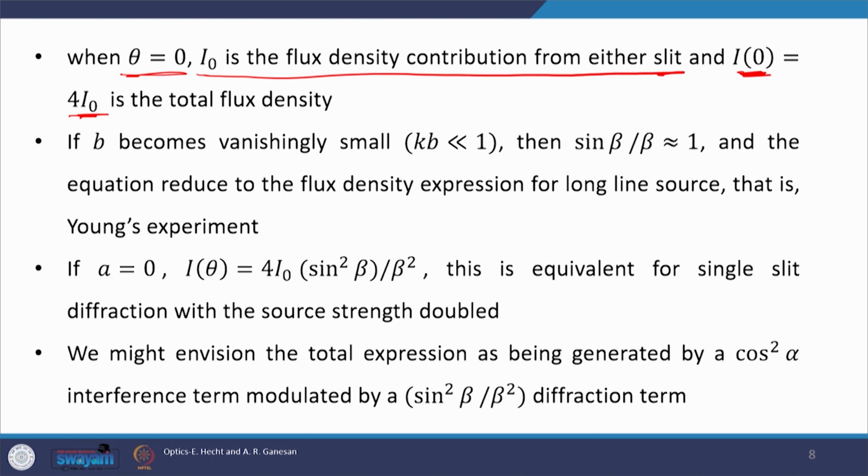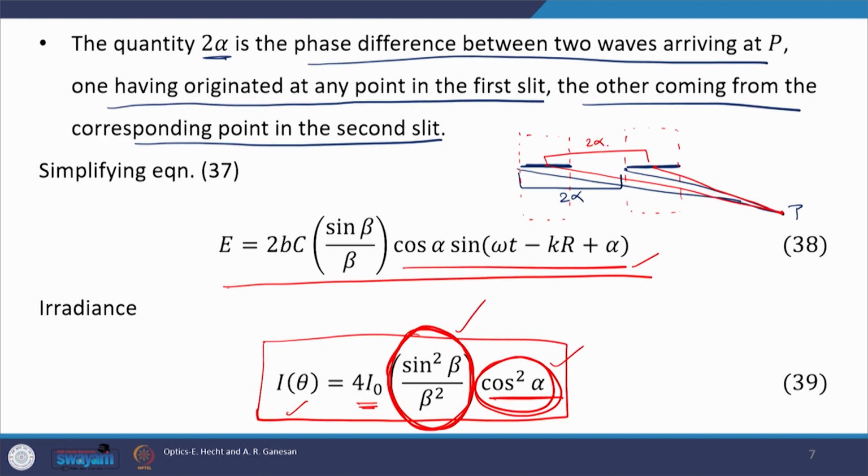I repeat, total irradiance in theta is equal to 0 direction would be equal to 4 I naught, which is also clear from equation number 39.